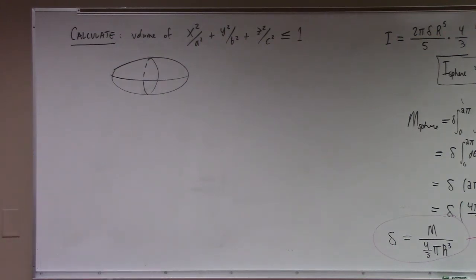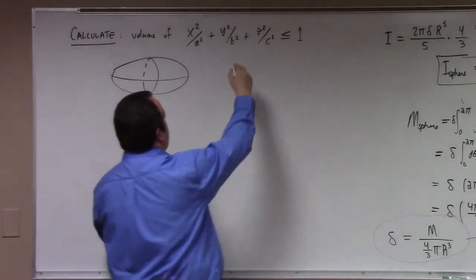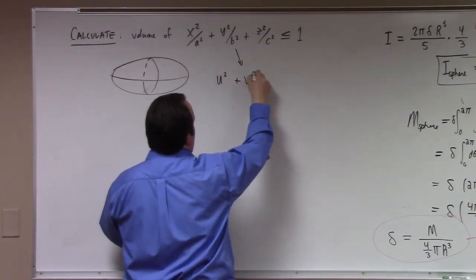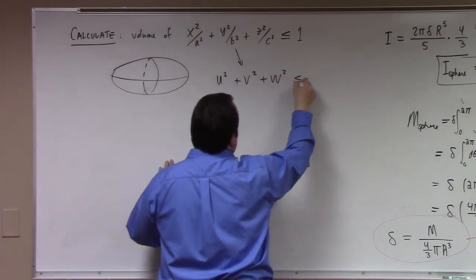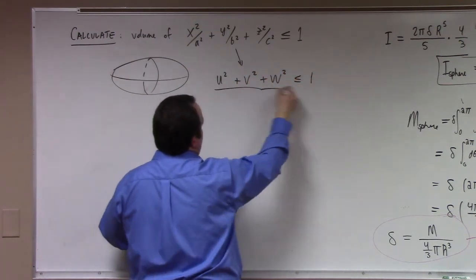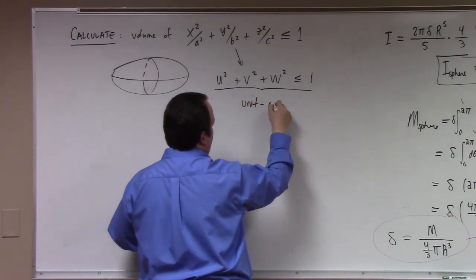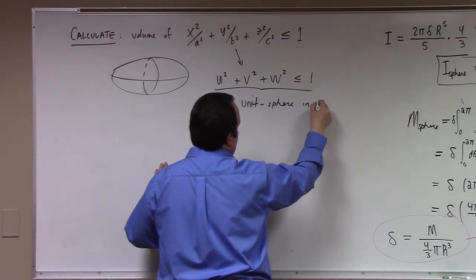Now, if I was trying to do that directly, it's kind of a drag. But what you can do is something sneaky. You can invent new coordinates, u, v, w, and change this so that it's u squared plus v squared plus w squared less than or equal to 1. This is straight up the unit sphere in UVW space.